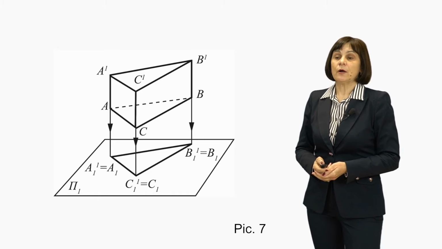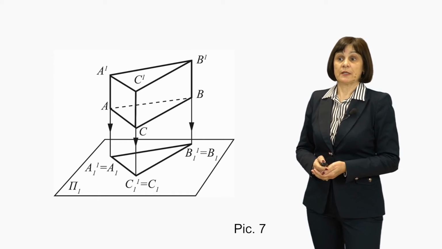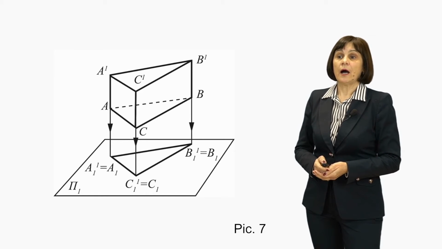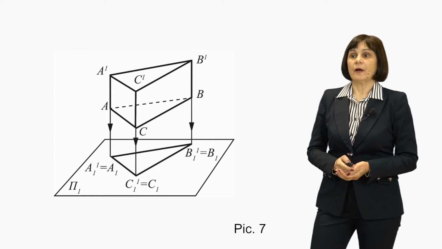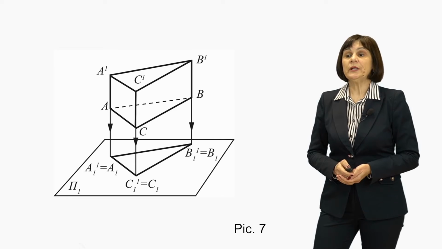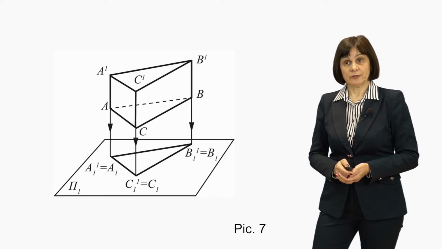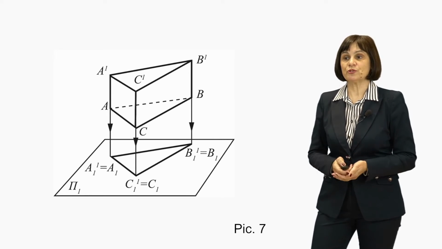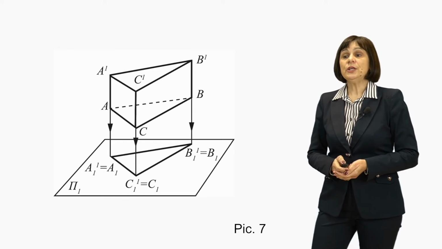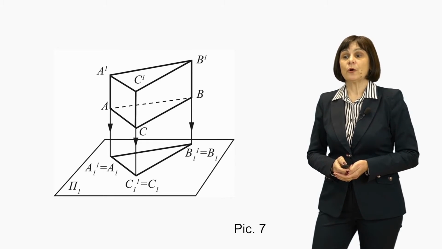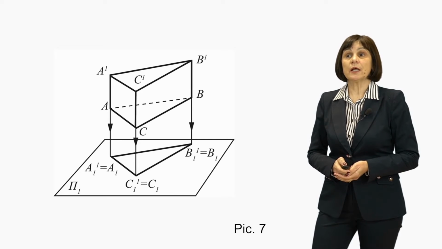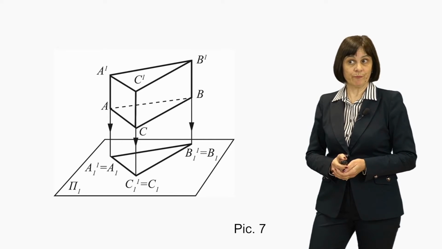The presence of only one projection creates uncertainty in the image. As a rule, we need more information about all the objects. The need to depict volume figures on the plane appeared a long time ago.